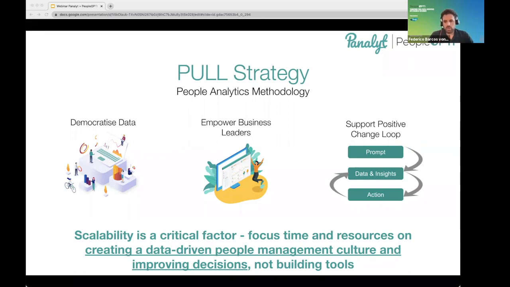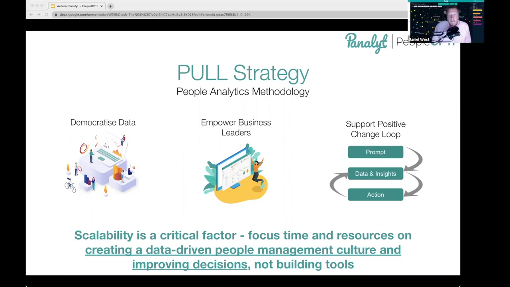And with the pull strategy, the focus is not only structuring the data and making a technological solution that is going to democratize the data, but also helping business leaders make better decisions, to educate the leaders to try to understand how to make better decisions around people, which is a different kind of role, because I've never seen a book saying anything about that. We are so focused on data science, that's like the big world of people analytics. And I think the big challenge for the future of the discipline is how we teach a company to make better decisions.